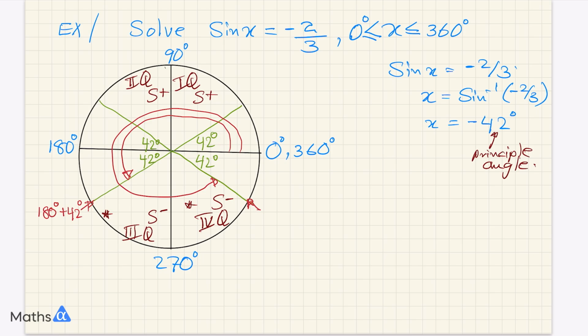When we put these angles like that, even that helps you to read the required angles. Okay, so now this angle is going to be 360 minus 42, right?